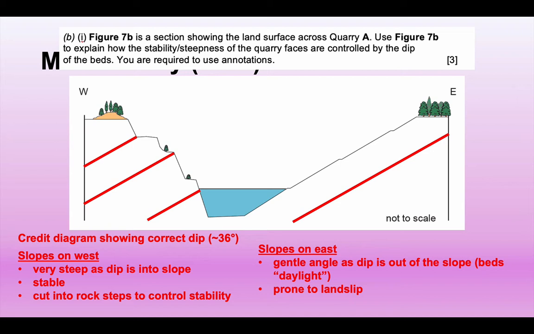It does make this prone to landslip if a bedding plane has been dug through, and 36 degrees is probably greater than the basic friction angle of these rocks. So there's potential for instability there, certainly if this quarry on the eastern side was dug with a steeper slope as we see on the west.